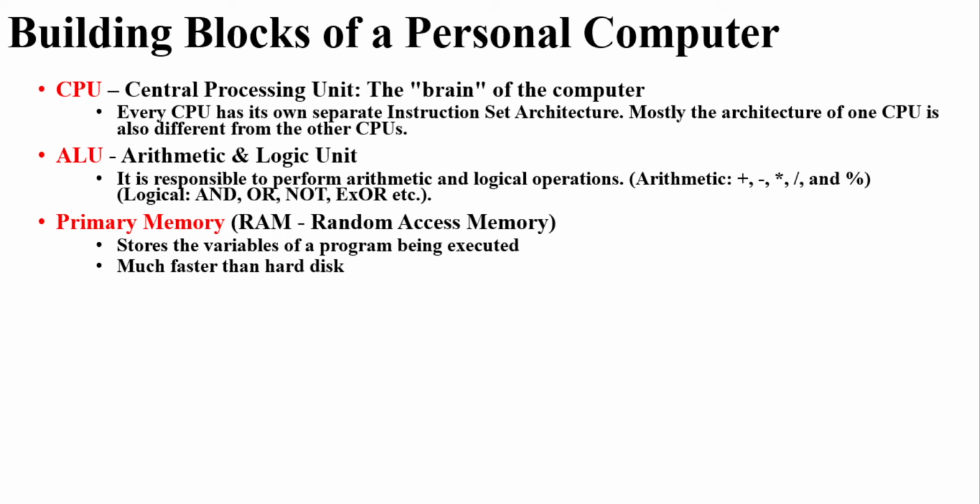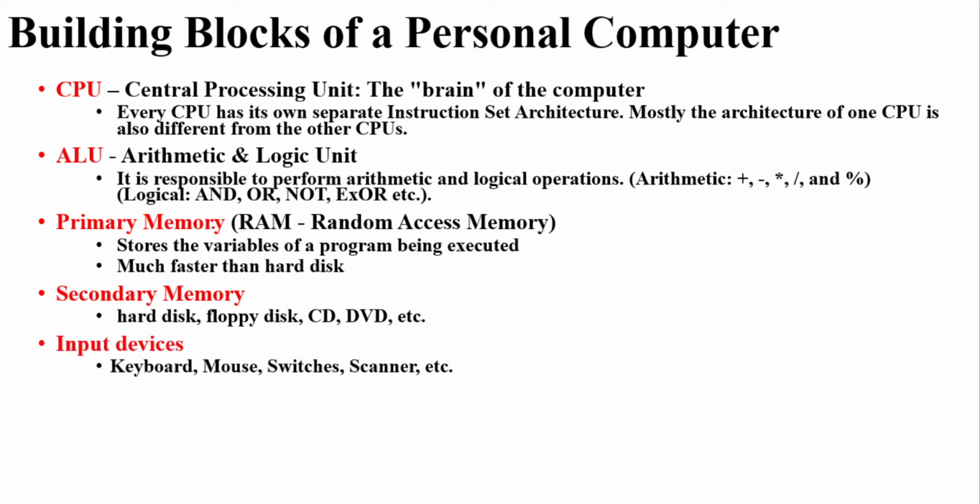Then we have primary memory, which we can call RAM, random access memory. It is used to store the variables of a program which is being executed. It is much faster than the hard disk or any other secondary memory. Then we have secondary memory like hard disk, floppy disk, CD drive, DVD drive, pen drive, and so on.